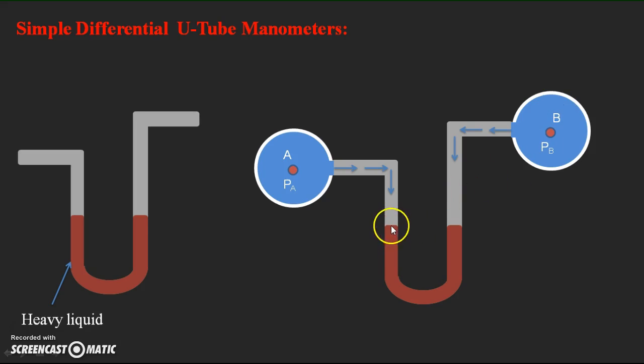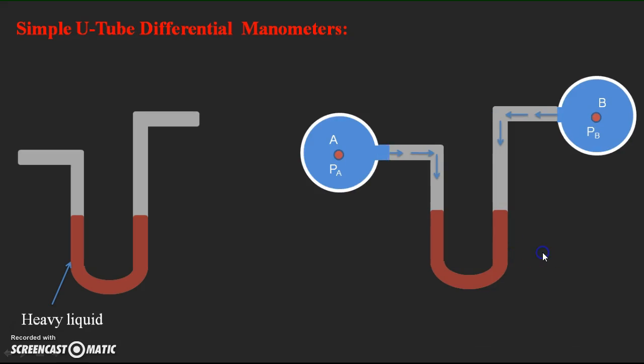According to that, the fall of the heavy liquid takes place in the left limb, and the rise of the heavy liquid takes place in the right limb. Similarly the liquid enters here and the fall has taken place; similarly here the rise takes place, and automatically some liquid from pipe B also enters the right limb.